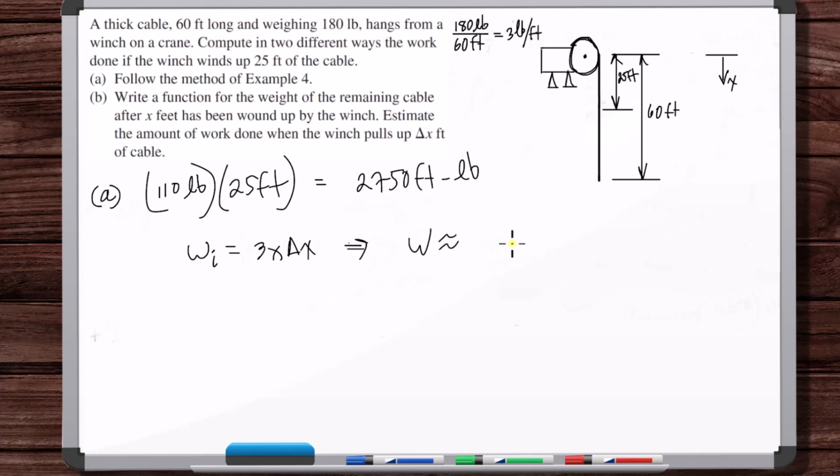The total work done, when we're just talking about lifting this 25-foot piece, is approximately equal to the sum from i equals 1 to n of 3x delta x. The delta x would be 25 divided by n. We're not going to go into the actual limit definition. So n is the number of pieces, and the work is exactly equal to the limit as n goes to infinity of this sum.